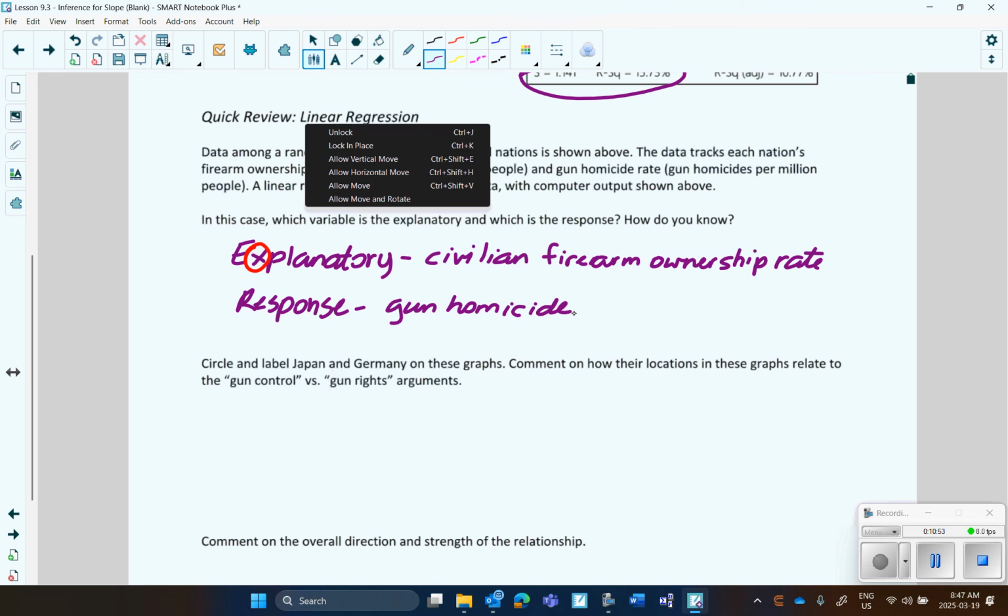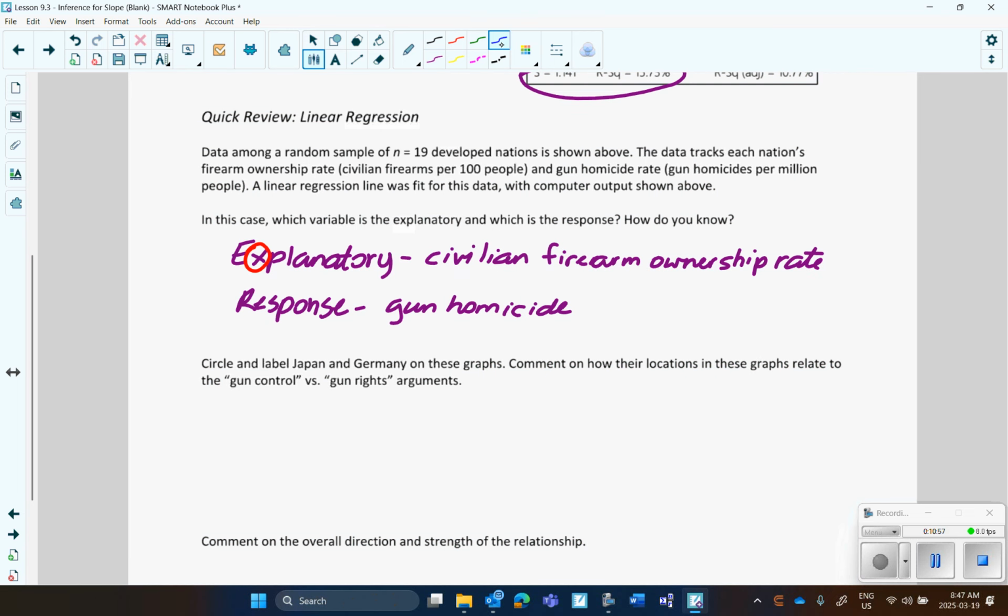Another way to talk about this is that the explanatory predicts. So we are looking at how well civilian firearm ownership rate predicts gun homicide. That's another way you can tell between the explanatory and response.